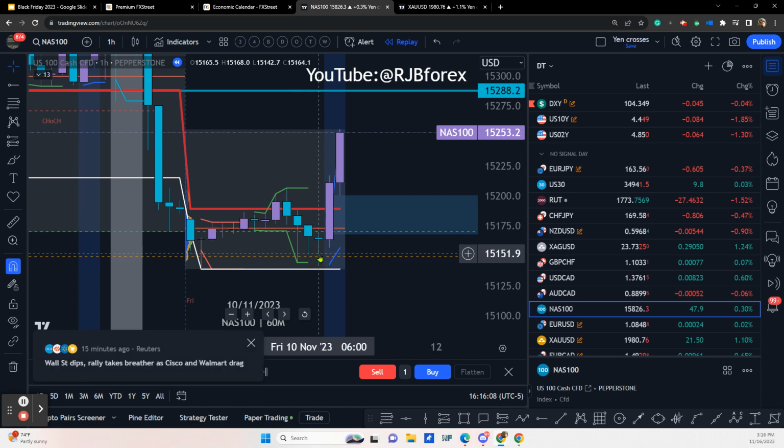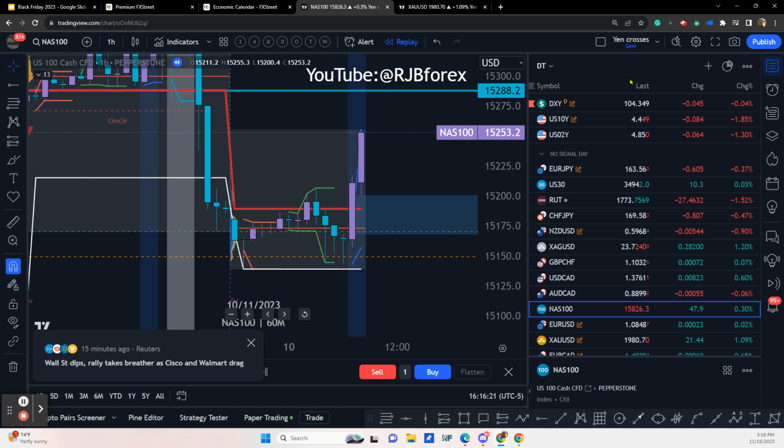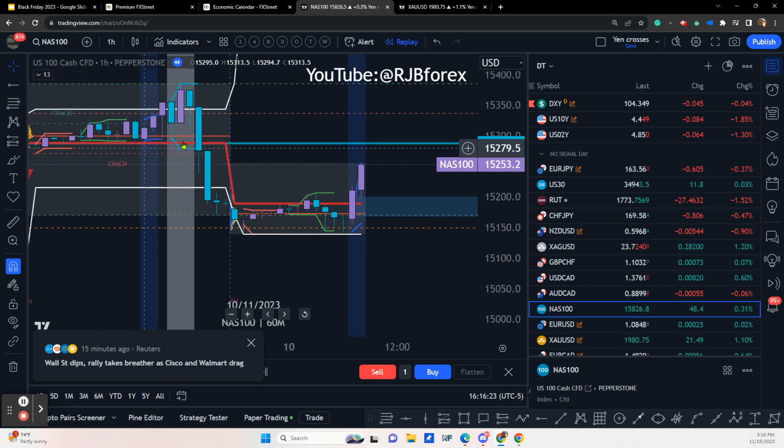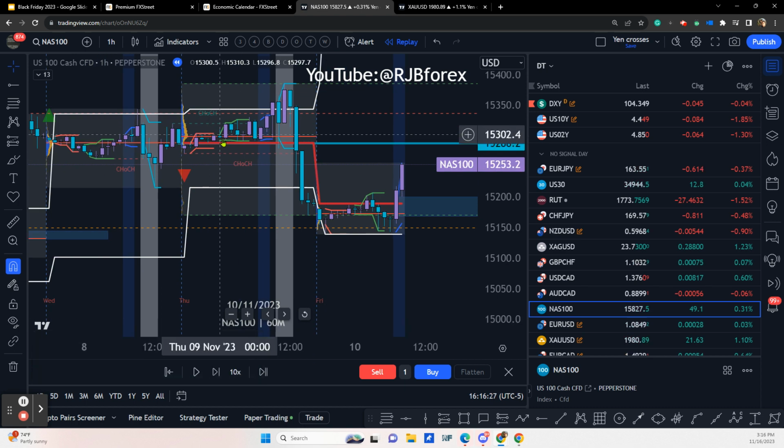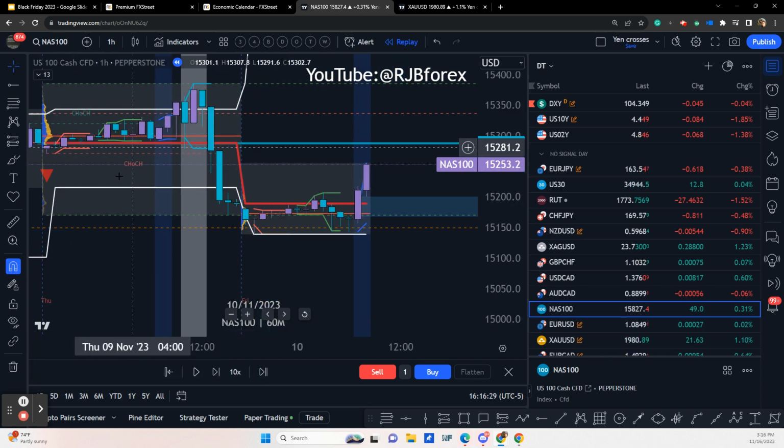So as we come into the New York Open, the index pumps up into these shorts from last week's high. It breaks back inside of the range, the prior day's range. So we're back inside of Thursday's range.